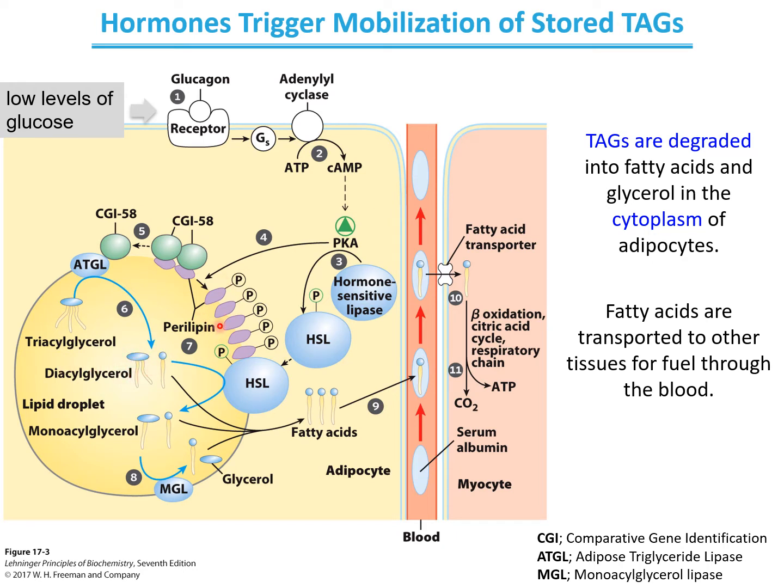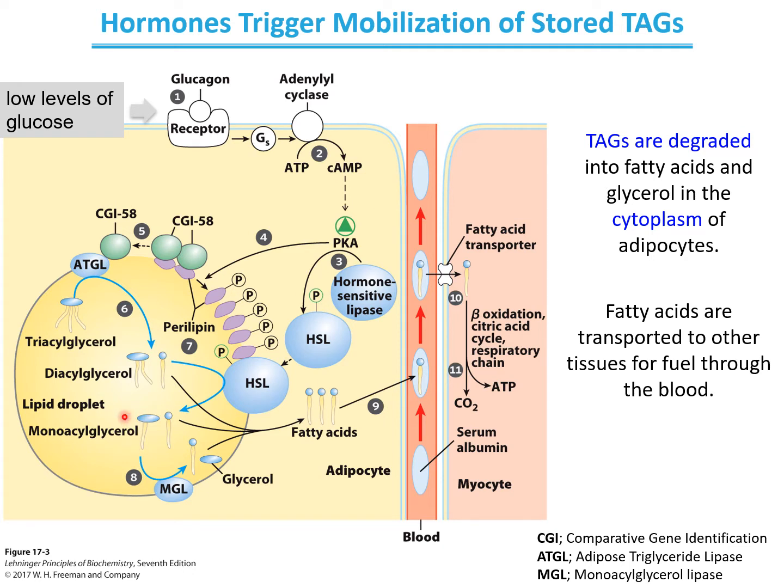Then the phosphorylated perilipin will associate with hormone-sensitive lipase, which is itself also a substrate of PKA, which allows its binding to perilipin and its association with the lipid droplet. So this lipase can then find its substrate, which is diacylglycerol, will liberate one fatty acid, and then will end up with the monoacylglycerol.